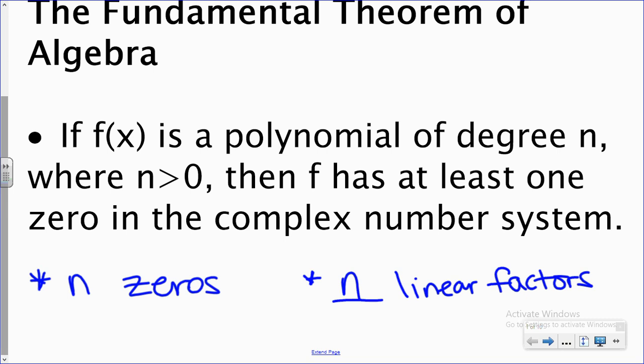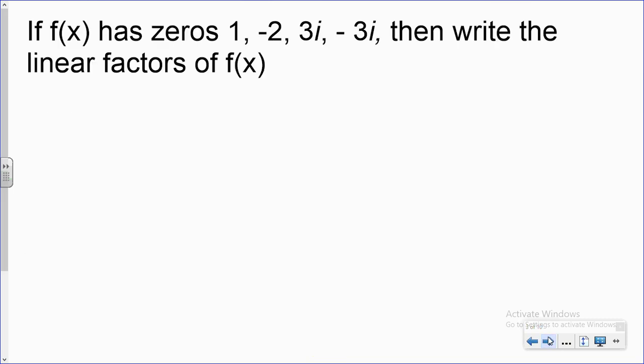Okay? It is your job to be able to give me zeros, and it is your job to be able to write them as linear factors. Now, going the other way, I also want you to be able to write a polynomial. Okay? So let's say we have zeros. Please write these zeros down. 1, negative 2, 3i, and negative 3i. Okay?